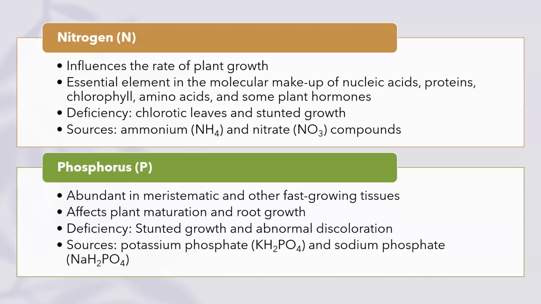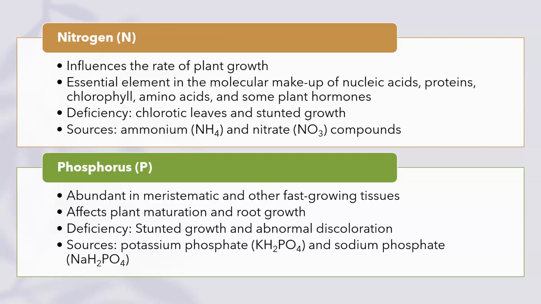Nitrogen influences the rate of plant growth and is present in the largest percentage of all the essential elements. It is an essential element in the molecular makeup of nucleic acids, proteins, chlorophyll, amino acids, and some plant hormones.